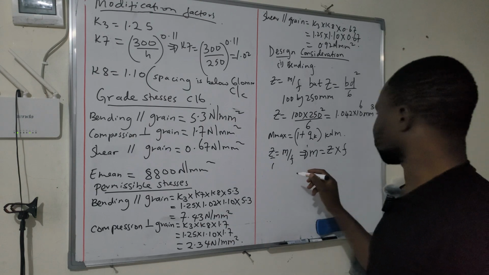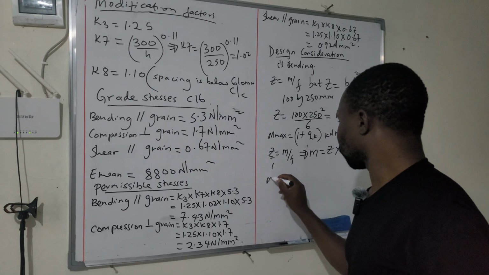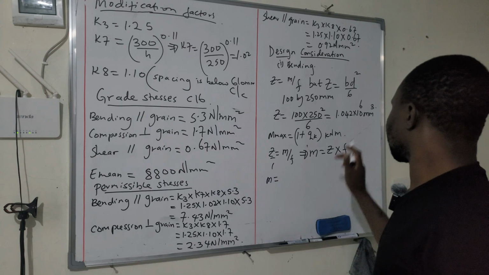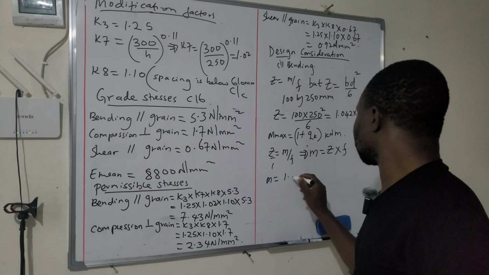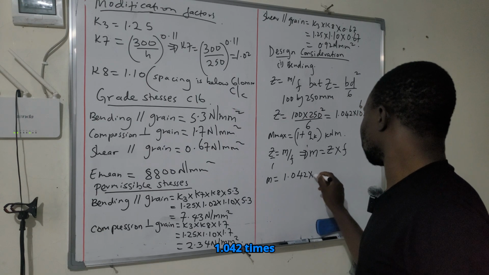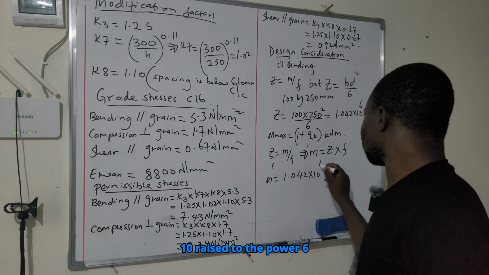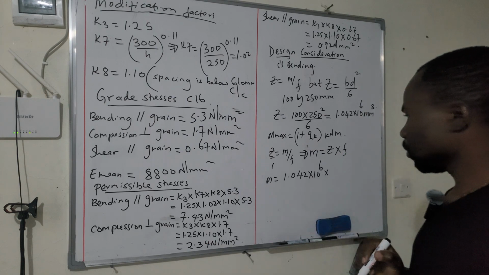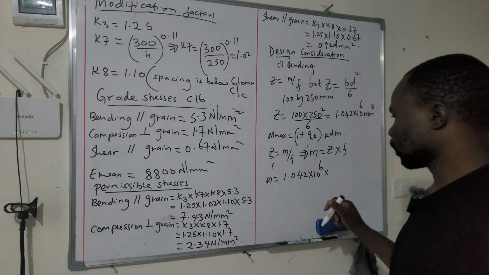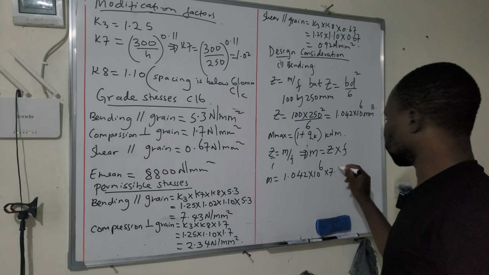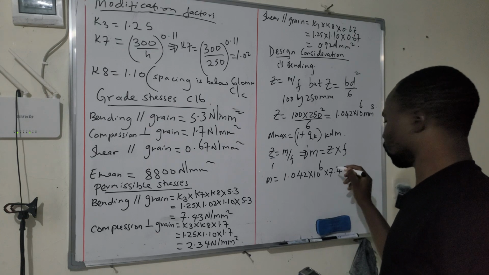So M is equal to, our Z is 1.042 times 10 raised to power 6, times F. Our F is 7.43.